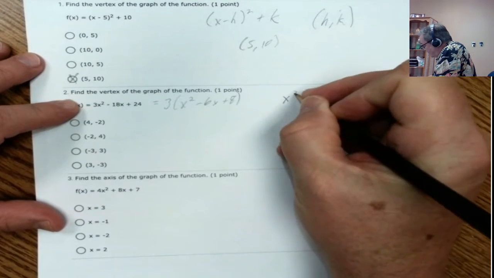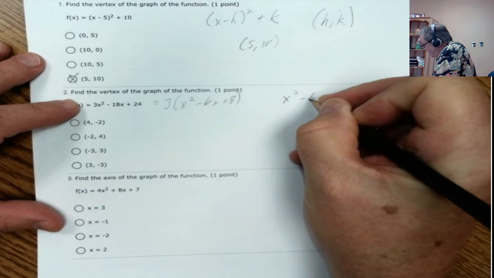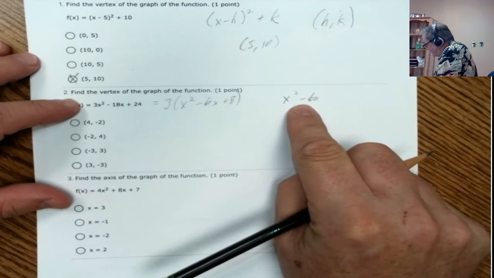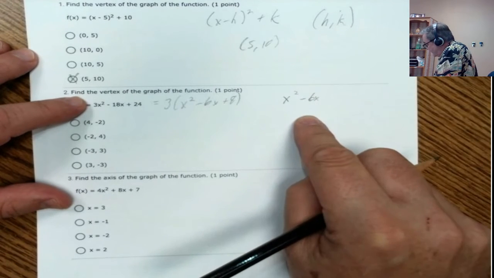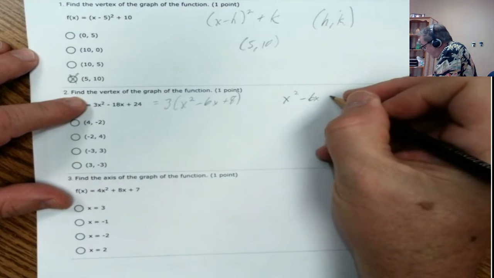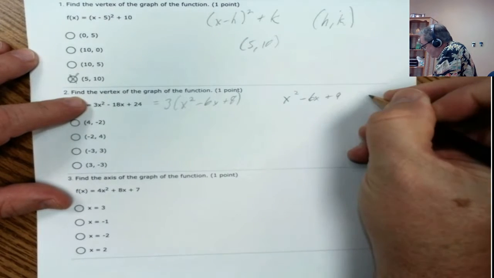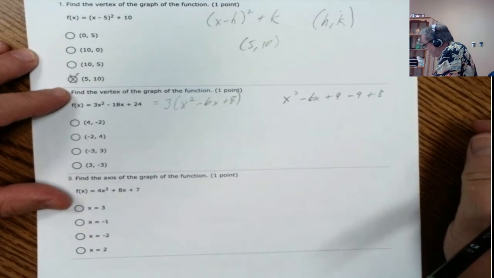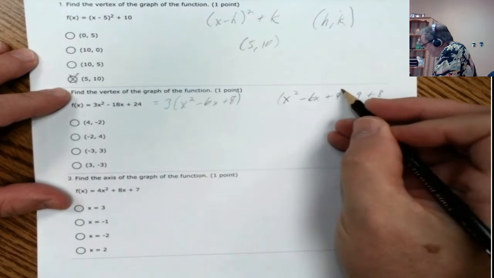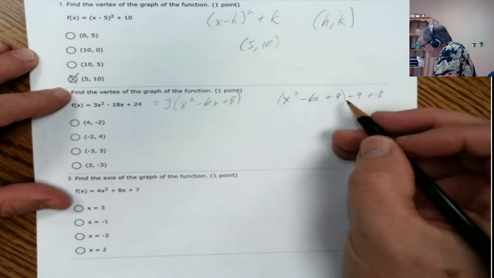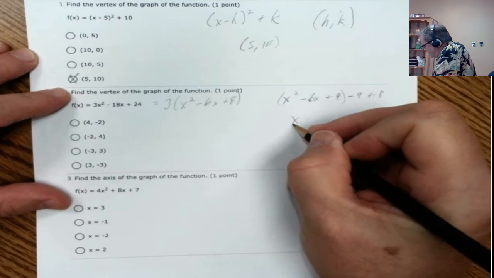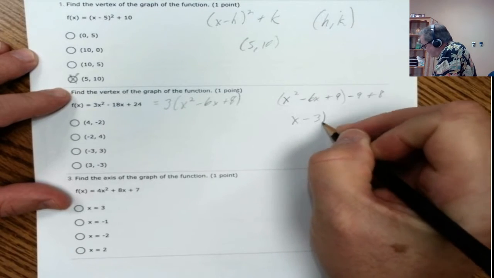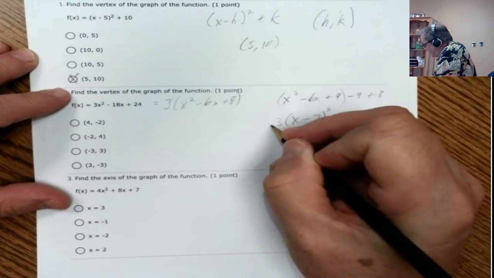So if we complete the square, we take half of this, right? Negative 6 becomes negative 3, and we square it. So we would be adding a 9, which means we also need to subtract a 9, and we still have that plus 8 out there. All right, so it breaks out like that. And so this becomes x minus 3 squared. We still have a 3 out front officially.